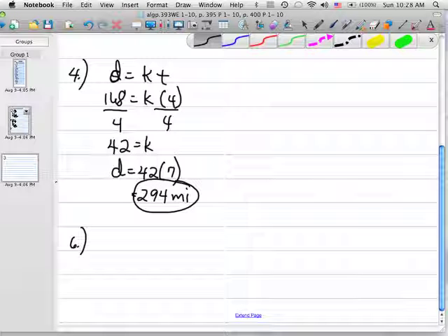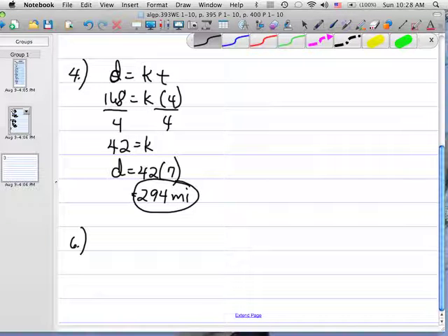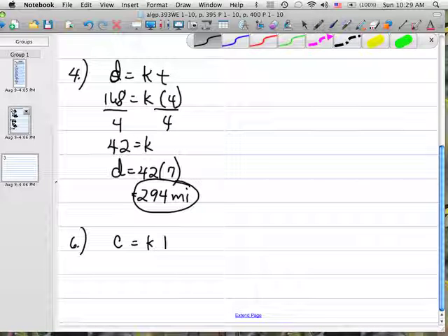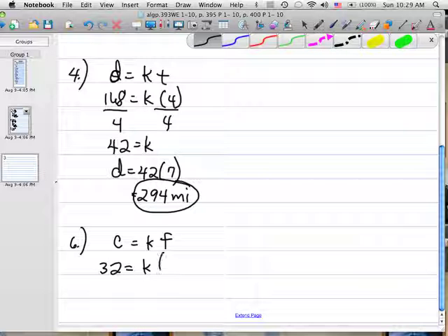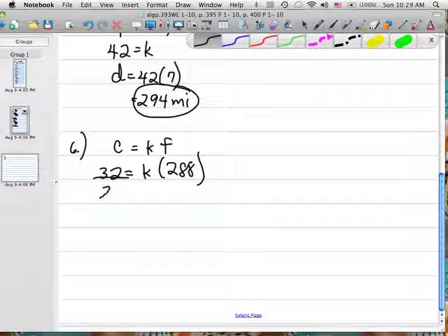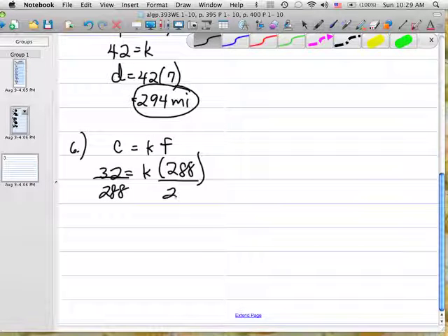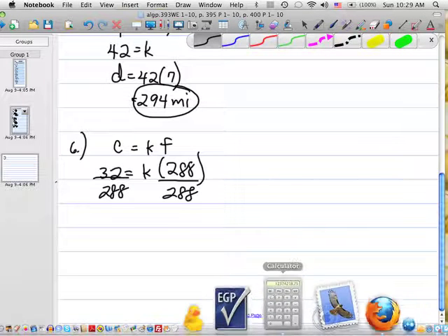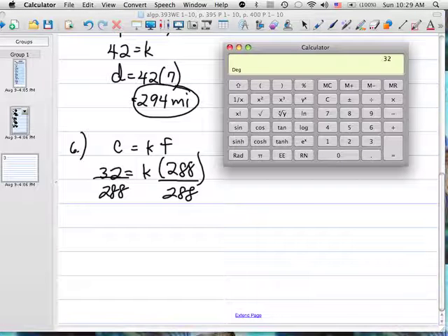Problem number 6, when an electric current is 32 amperes, the electromotive force is 288 volts. So the current varies directly as the force. So we have a current of 32. It varies directly as the force, and the force was 288. So if you divide both sides by 288, 32 divided by 288 is 1/9.